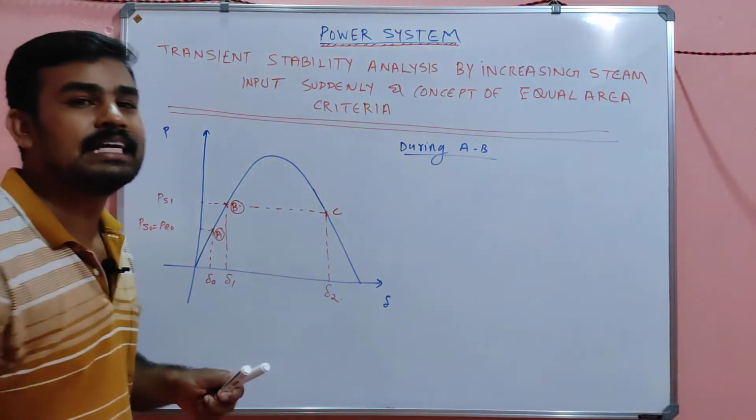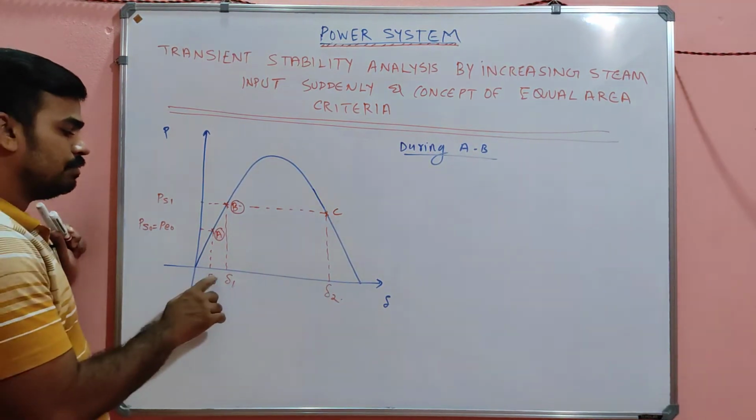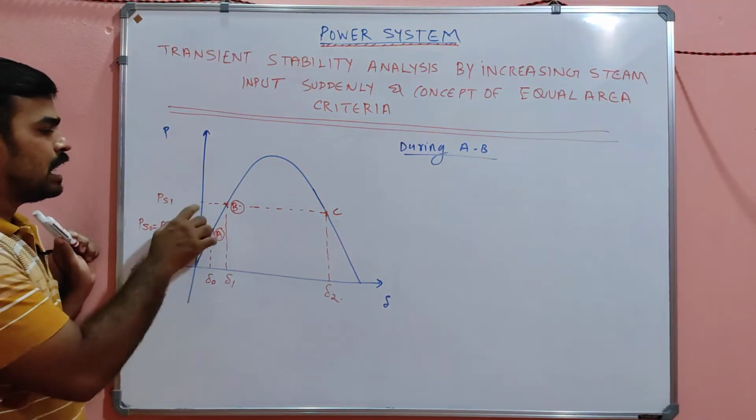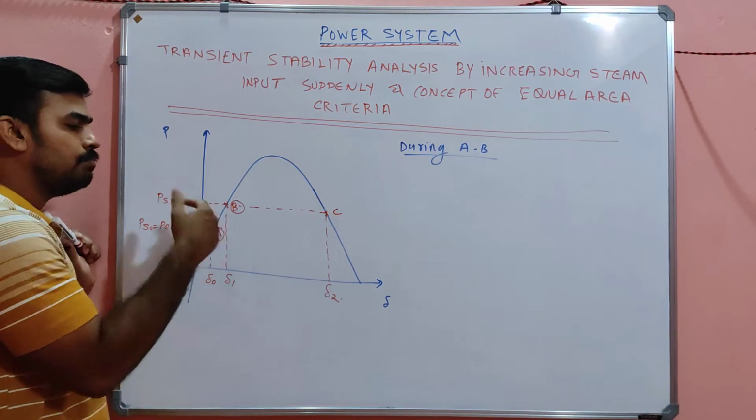Suddenly we increased the fuel input so that the machine rotor angle will increase. At point B, what happened?